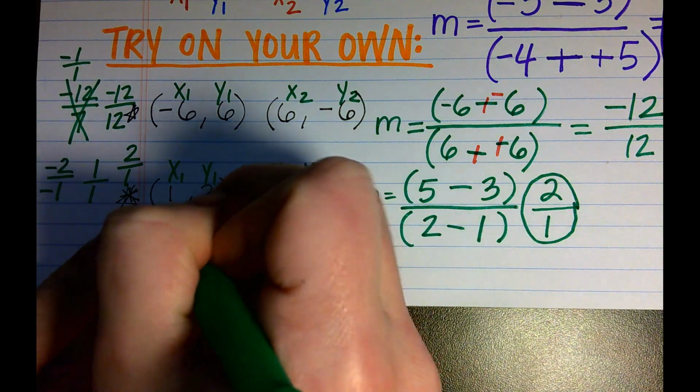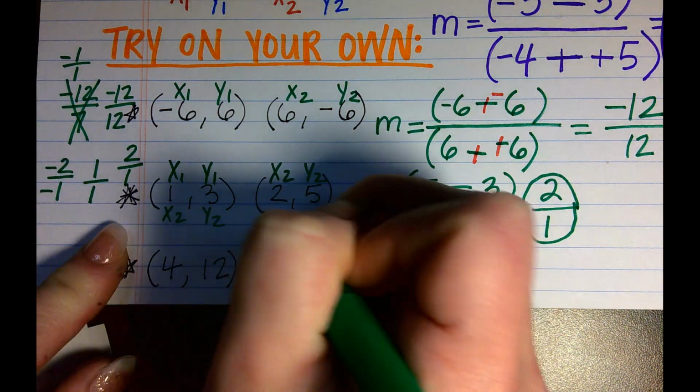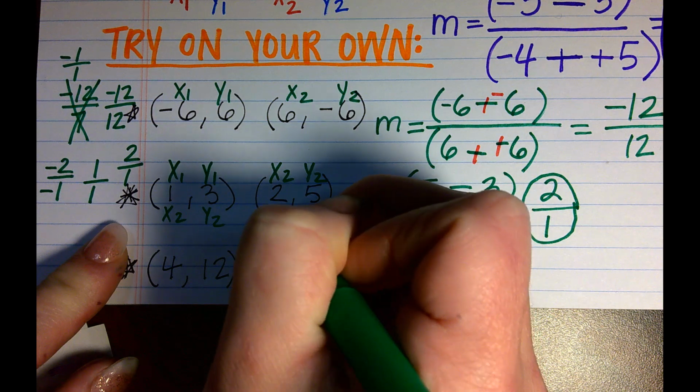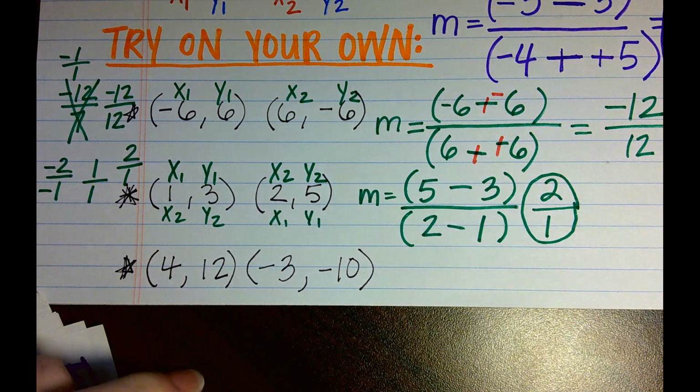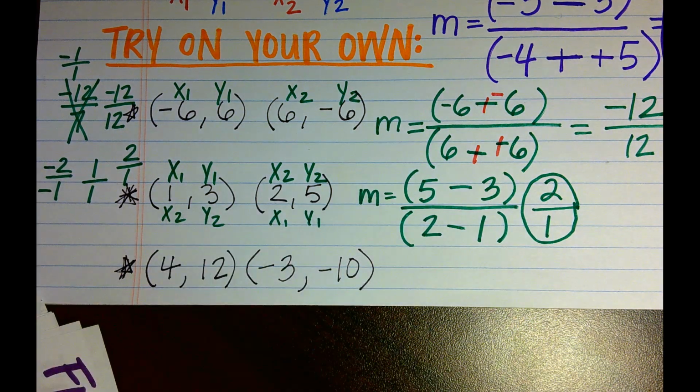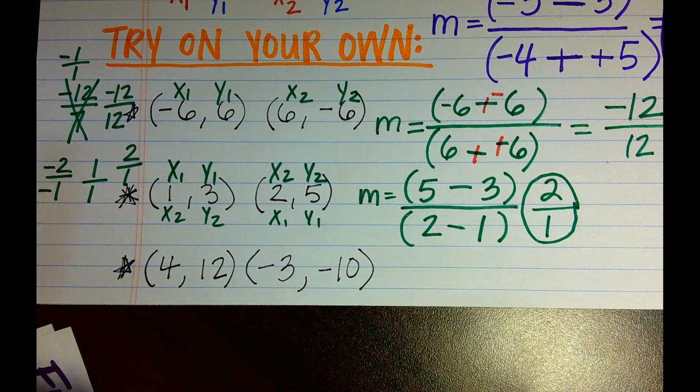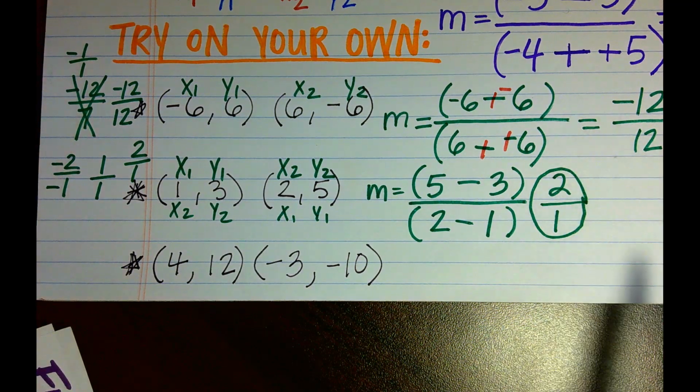Okay, so you're flip-flopping x2, y2, x1, y1. Okay, and you can do it that way. That will work every time. You'll just get the negative version of your answer that'll have to be simplified to positive.